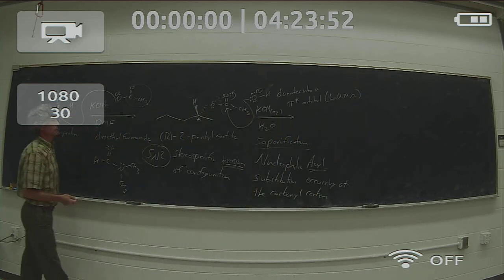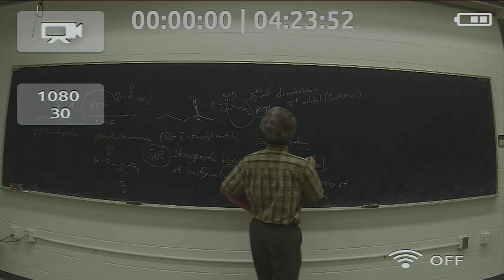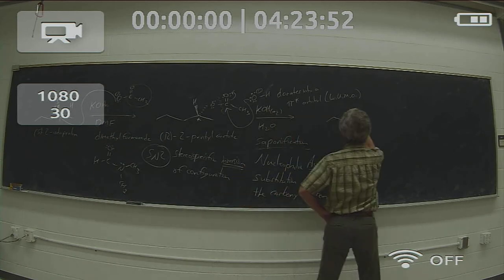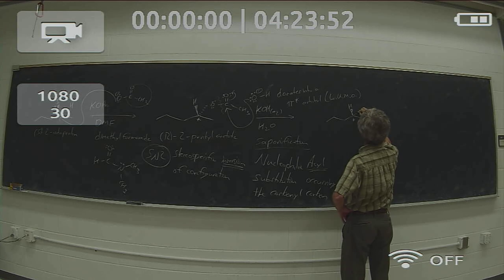So that pair of electrons that used to be in the pi bond will be pushed out onto the oxygen, and you will convert this carbon. And you'll notice that the chiral center is unaffected.